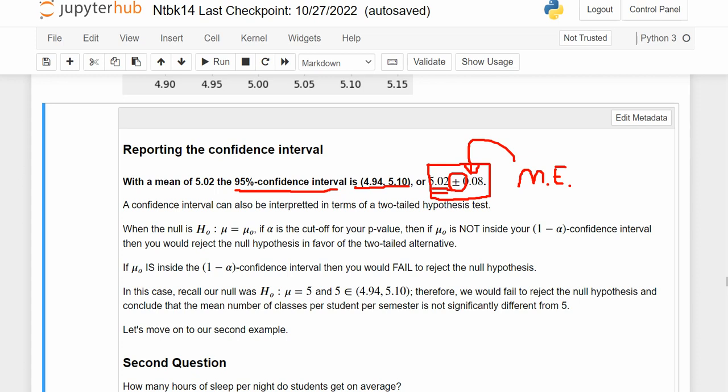So if they say the candidate is polling at 52% of the vote, what they actually mean is that they're estimating with a confidence interval that they're going to get 52% of the vote plus or minus 3%. So they're saying it could be anywhere between 49% and 55%. But this margin of error format, you don't have to be particularly worried about it, because we generally do use the interval format.